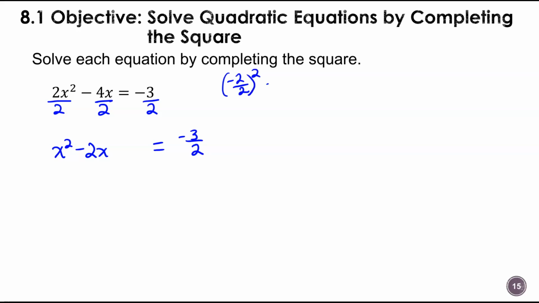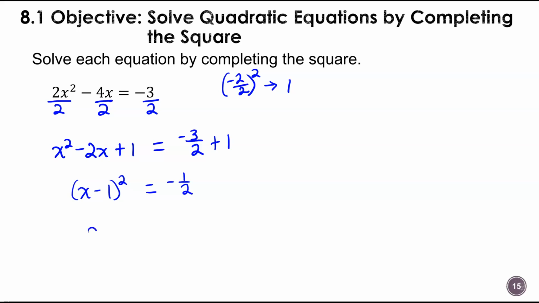Negative 1 squared is 1, right? So we're going to add 1 to both sides. And then write the left-hand side in factored form. So negative 3/2, that would be plus 2/2 is going to be a negative 1/2.